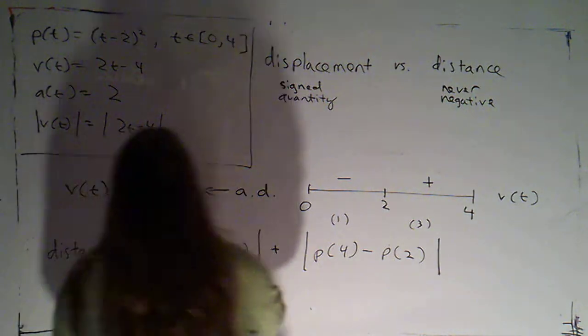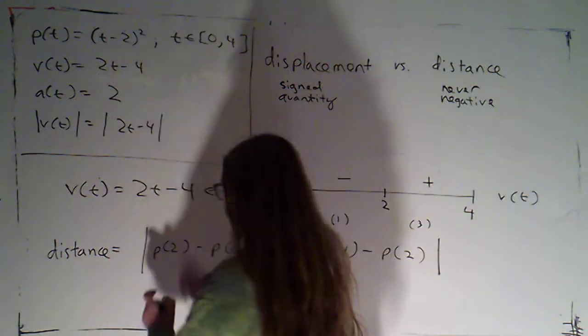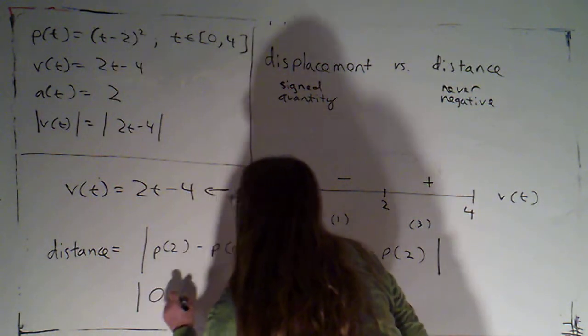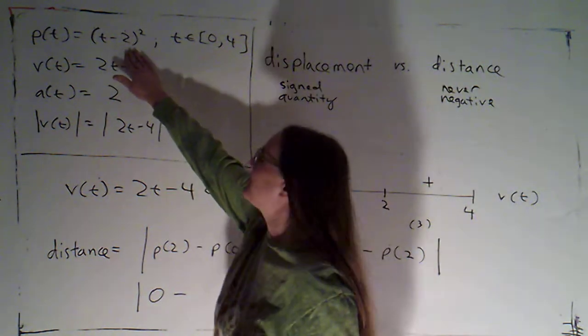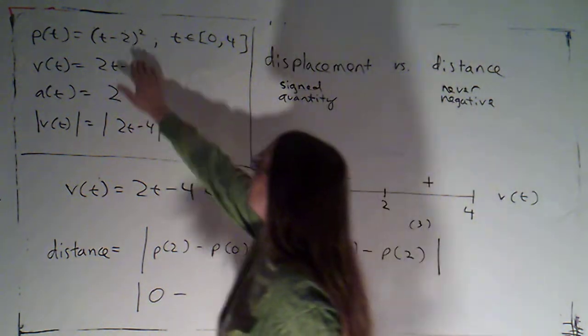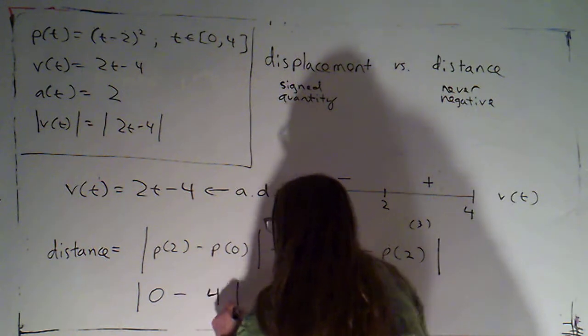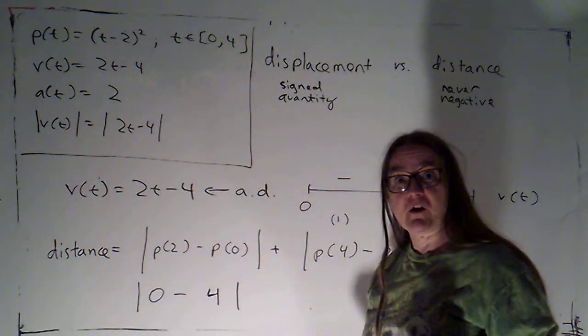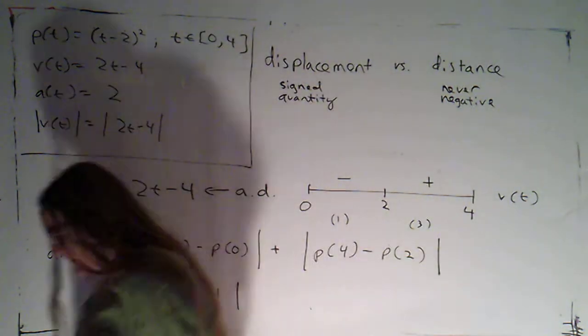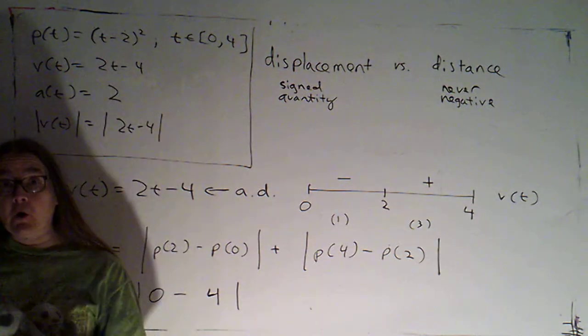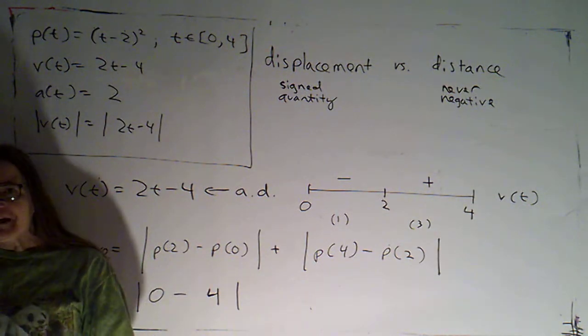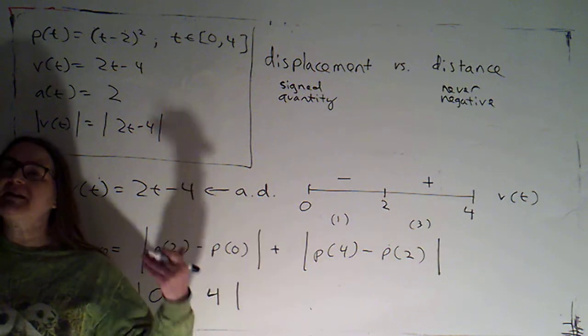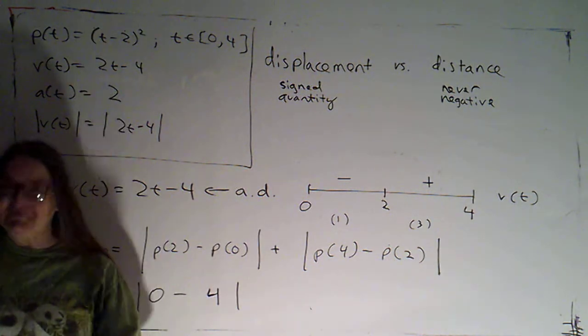Let's see that. P of 2 is actually just 0, because that would be 2 minus 2 is 0 squared. P of 0, we said, was 4. So the displacement here was negative 4. That indicates that we ended up 4 meters to the left of the starting point. But the distance that we traveled then is the absolute value of that negative 4.